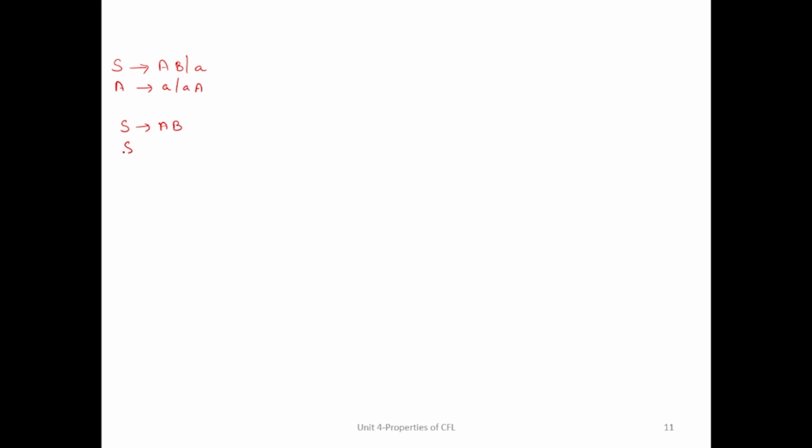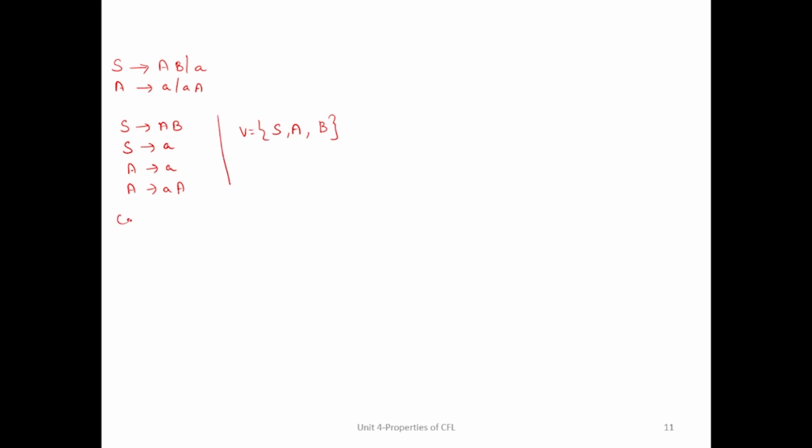The first production is S implies AB, the second is A implies small a, and the third is A implies capital A. There are three variables available. The capital letters are considered as non-terminal symbols. The left side symbols are only two, S and A. If you check the right side, it contains B in it. So these three variables are available.